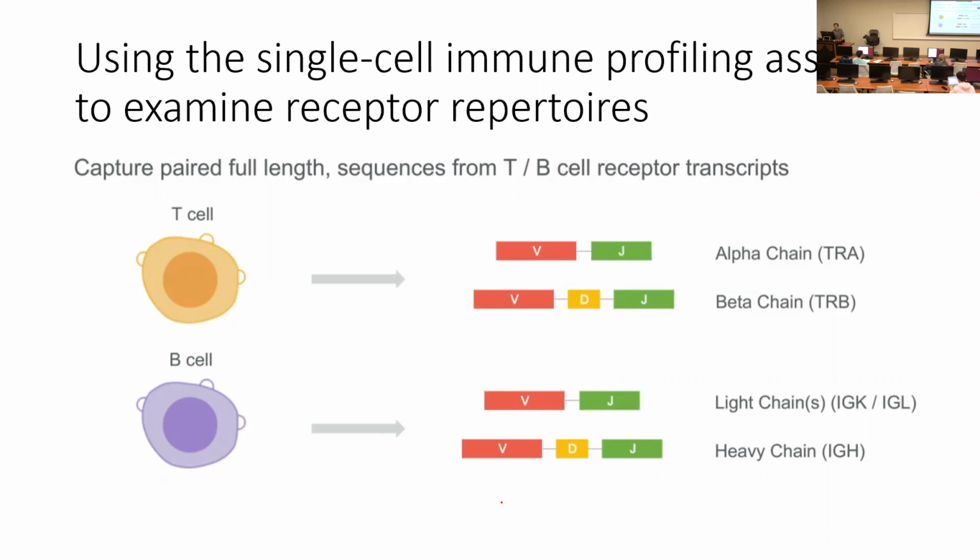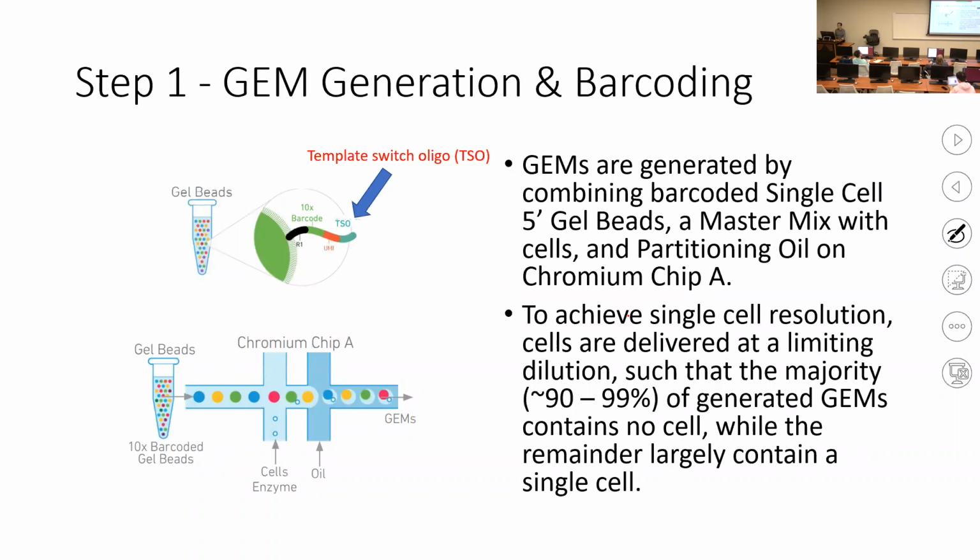Okay, so this is the same idea I already showed: on the surface of T cell or B cell, you have either alpha chain, beta chain, and the alpha chain, beta chain have different combinations of those subdomains of peptides. Similarly, in B cell, you have a heavy chain and light chain for the antibody.